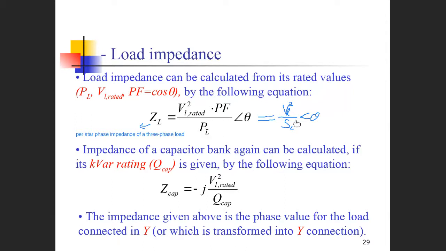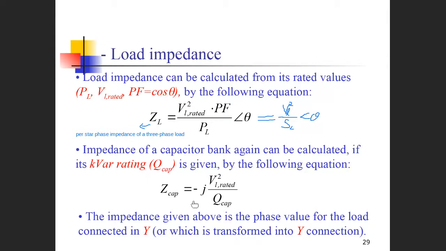But you know that the apparent power times the power factor is the real power. So if the power factor is given, you get the impedance angle. The ratio of the real power to the total power is the power factor. This is for the general case.